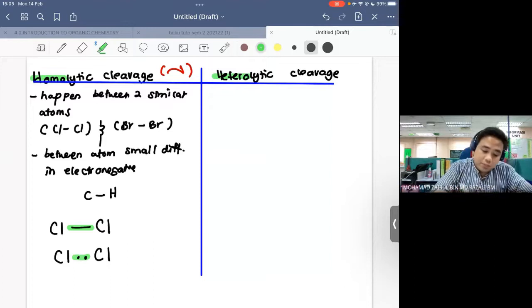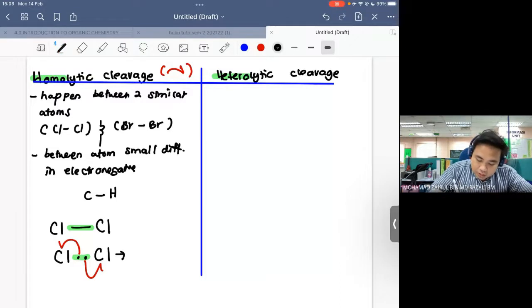So kalau kita nak represent menggunakan curly arrow, 1 electron will be transferred into this chlorine, and another electron will be transferred to this chlorine. So our product is, chlorine yang on the left hand side itu will obtain 1 electron, and chlorine on the right hand side itu akan obtain another electron.